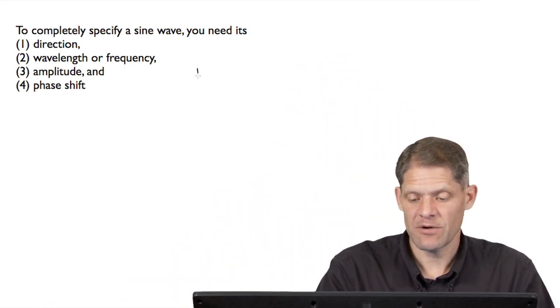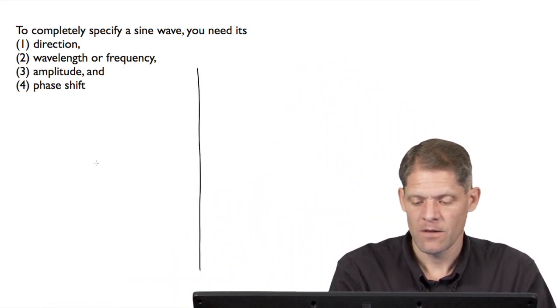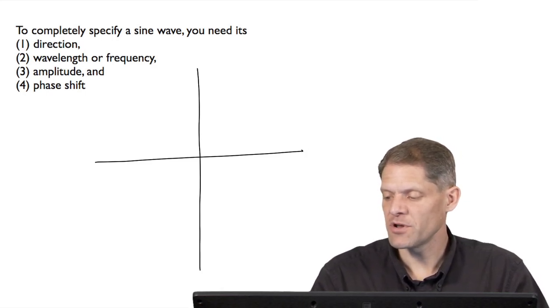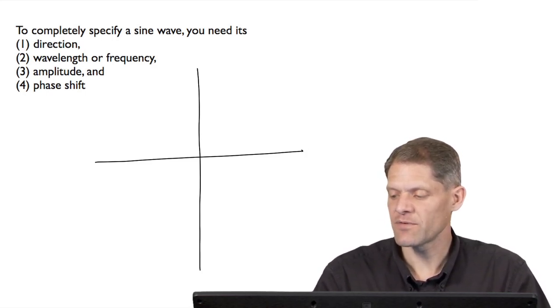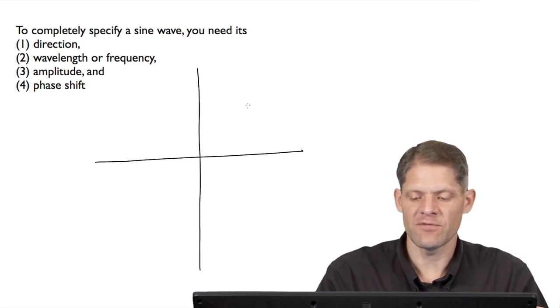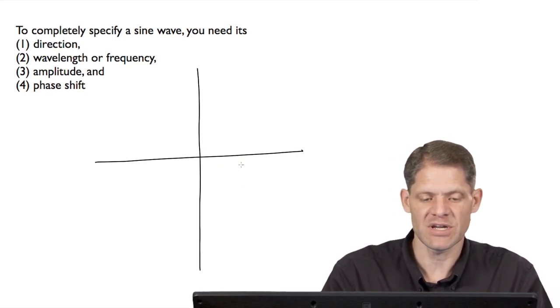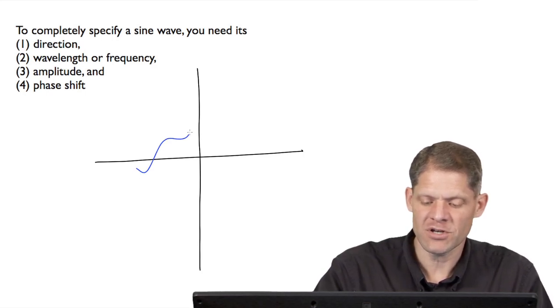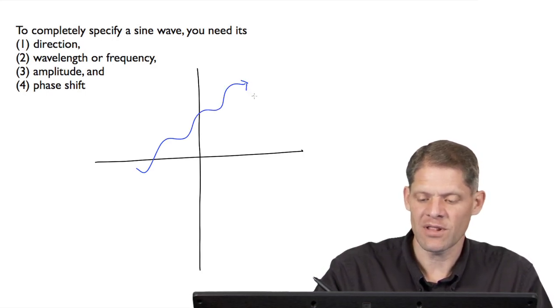So for instance, if I were to draw coordinate axes, and then on that we were going to plot a sine wave, and let's imagine that it's a two-dimensional sine wave traveling through this space in some particular direction. First of all, to specify which sine wave, we need to know what direction. Is it a sine wave going like that?